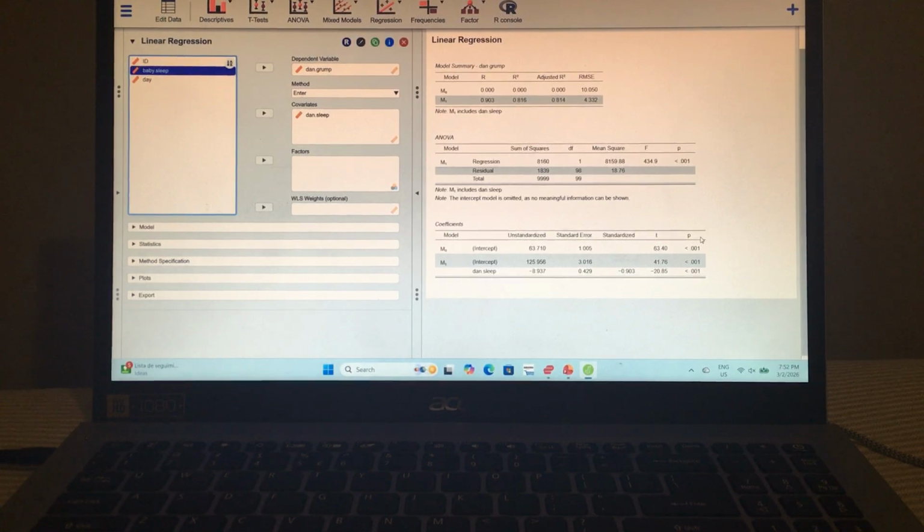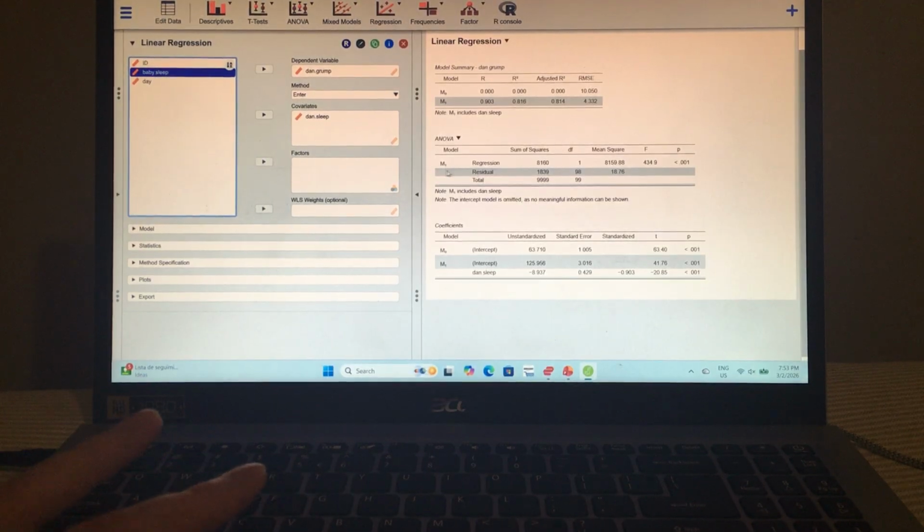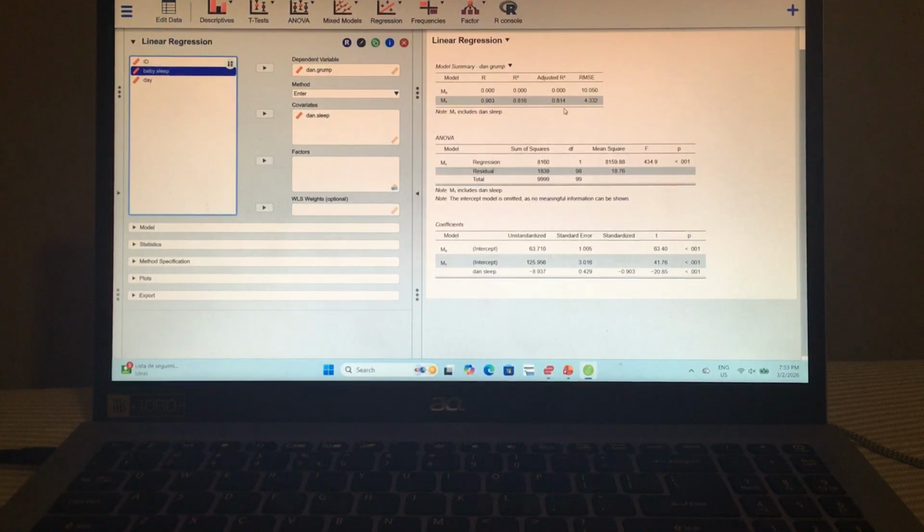Okay, so this M subscript 1 has 4 columns.